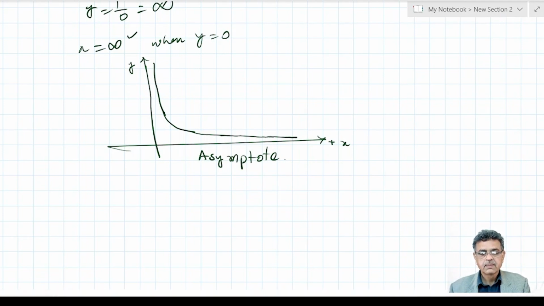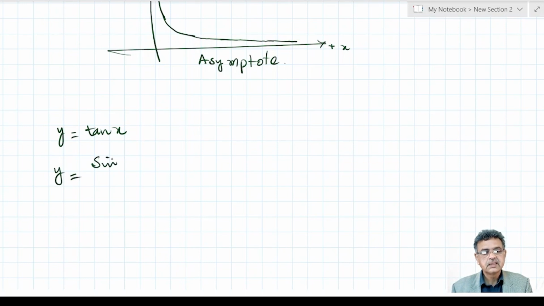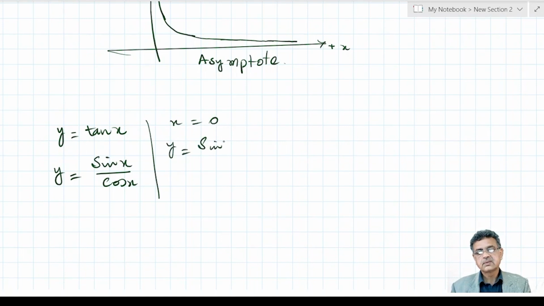And now let's relate it to the graph of y is equal to tangent x. You know that tangent x means sine x over cos x. So when x is equal to 0, then y is equal to sine 0 over cos 0.